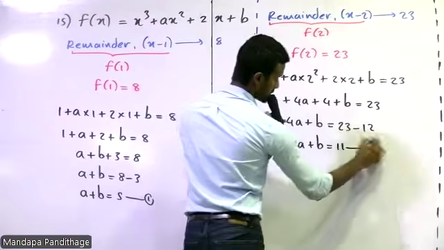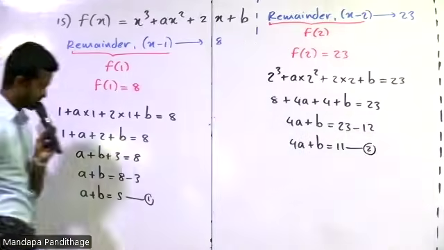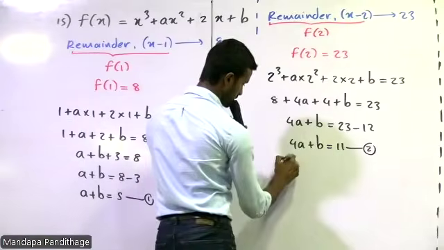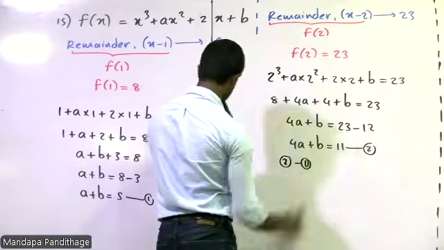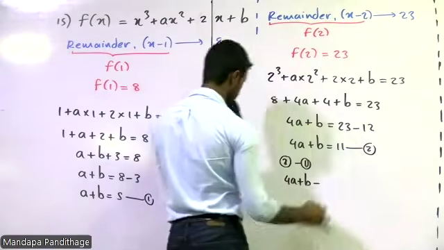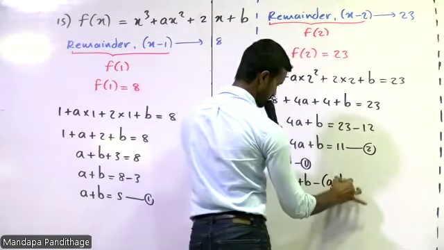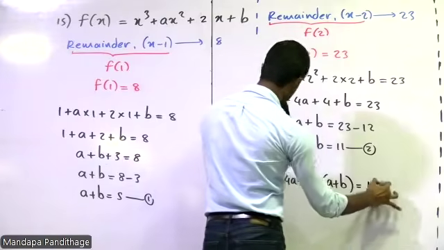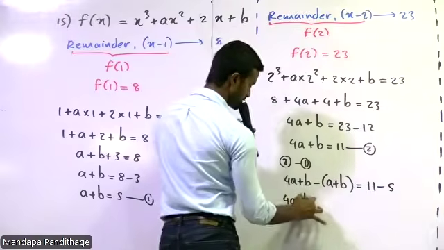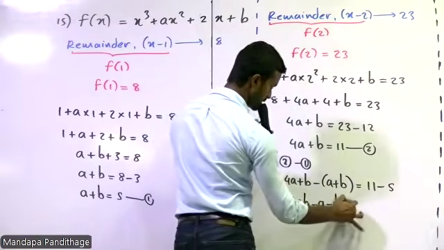So I got two simultaneous equations, a plus b and 4a plus b. So I'll subtract the second minus the first. 4a plus b minus a plus b is equal to 11 minus 5. 4a plus b minus a minus b is equal to 6.